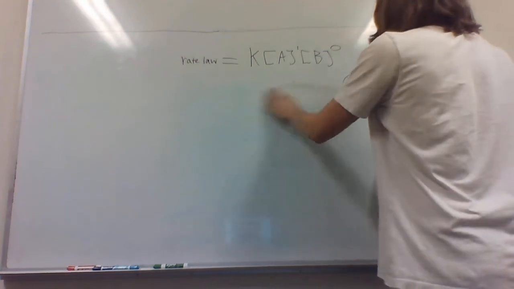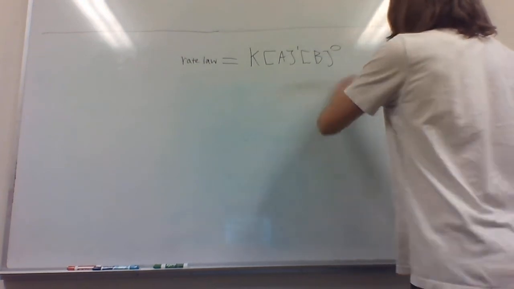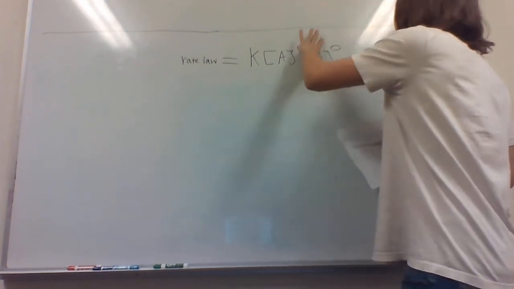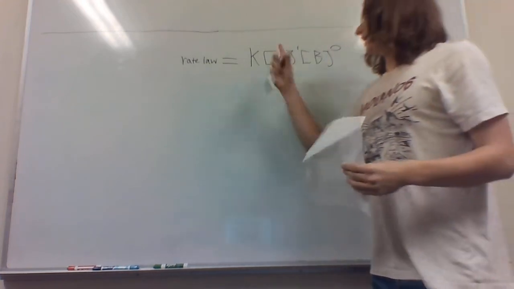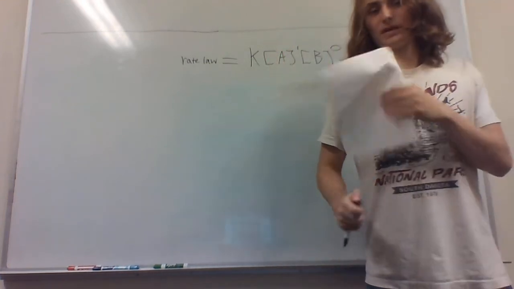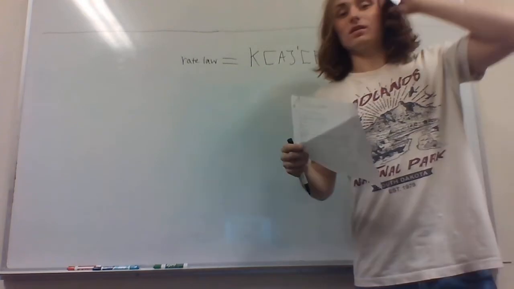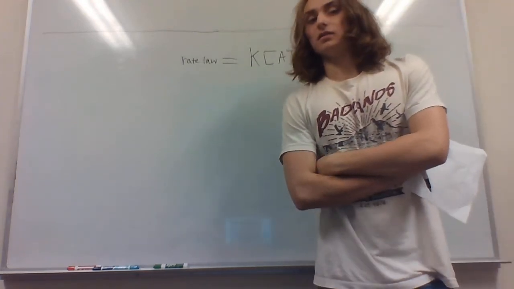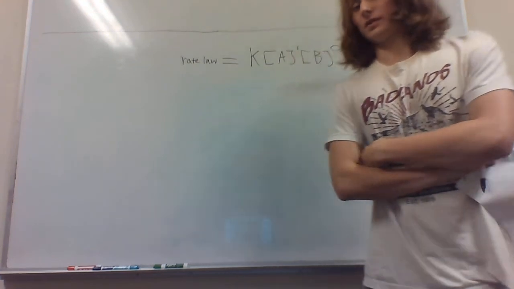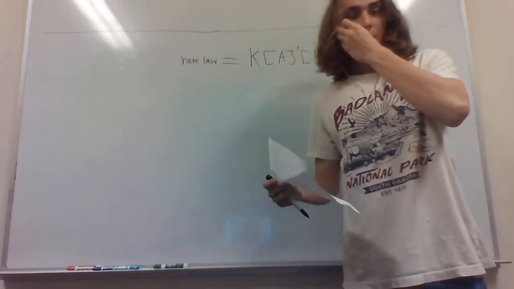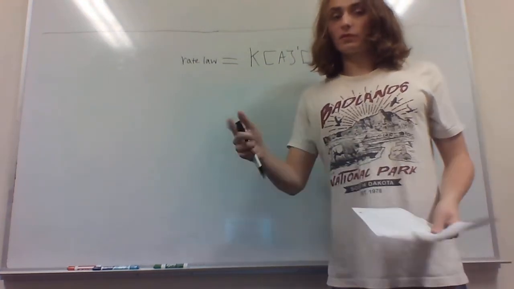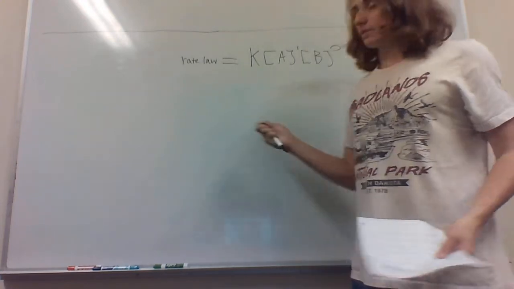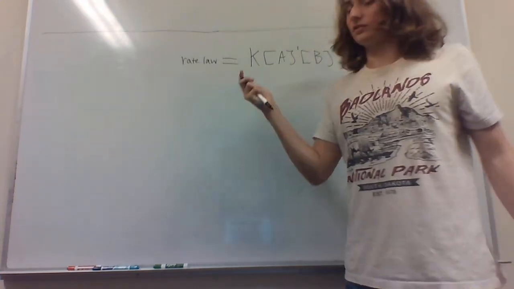Now that we know that B is a zero order reaction, how do we know that A is a first order reaction? Well, it said that doubling the concentration of A doubles the reaction rate, correct?